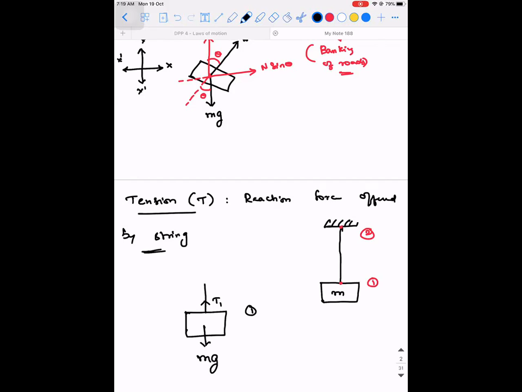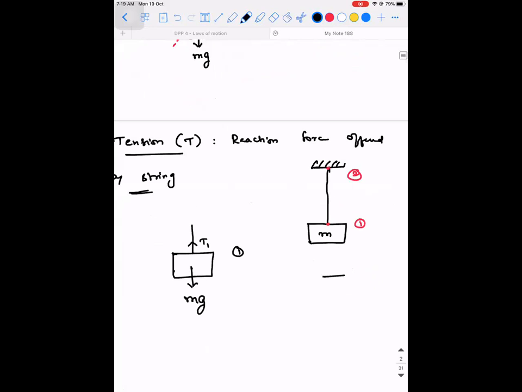What else is supposed to happen? What do you think will happen near the ceiling? Normal force. No. See, normal force will come into picture only when there is an object completely in contact. Here, it is like a point, right?